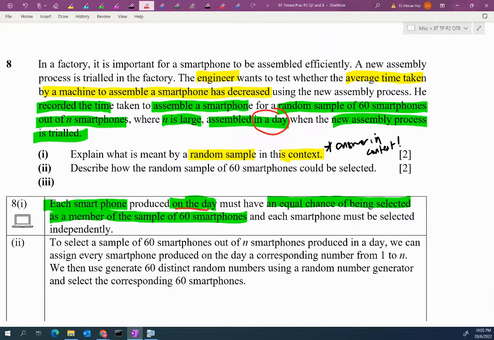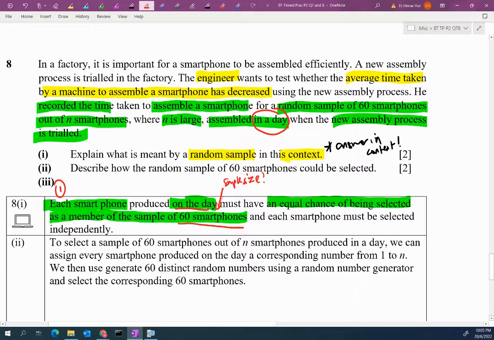In the context, what is the sample size here that we're looking at? Right, so I repeat the first feature: each smartphone, that means each sampling unit, produced on the day must have an equal chance of being selected as a member of the sample of 60 smartphones.